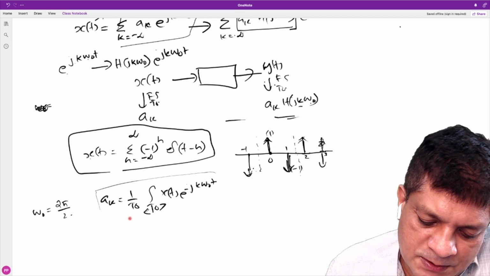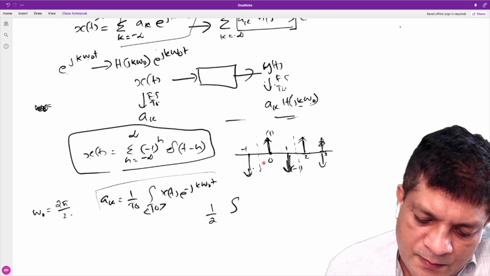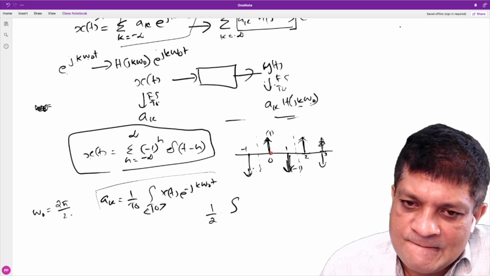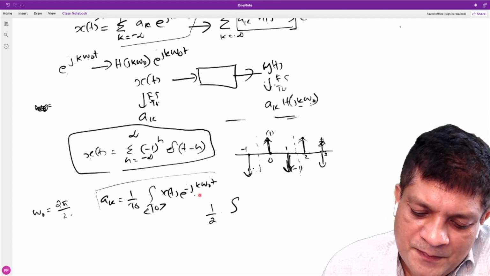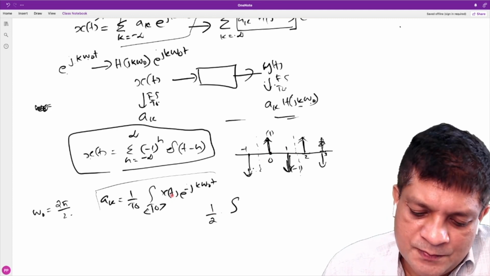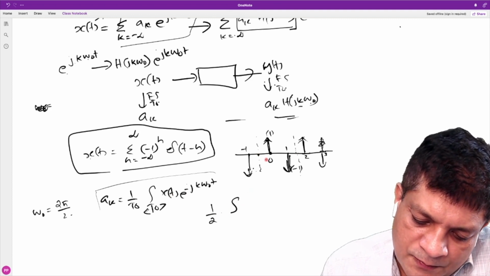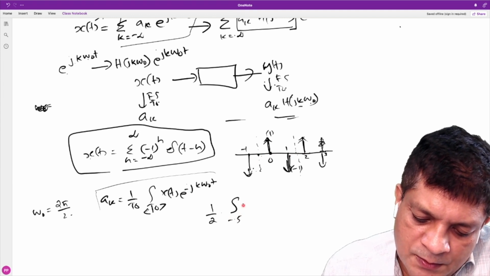Then what is this expression? It is 1 by 2 into the integral. I am taking, for example, this integral from minus 0.5 to 1.5.